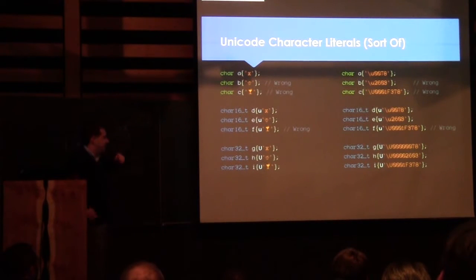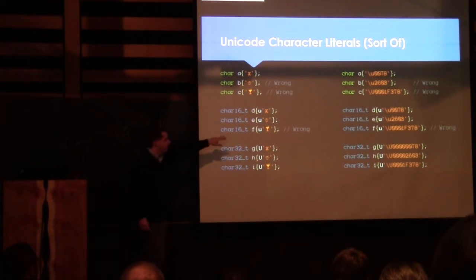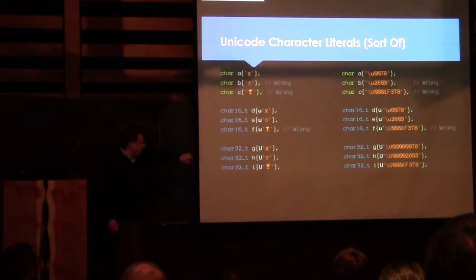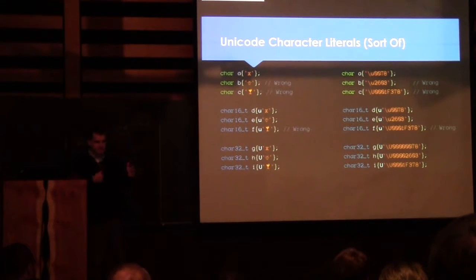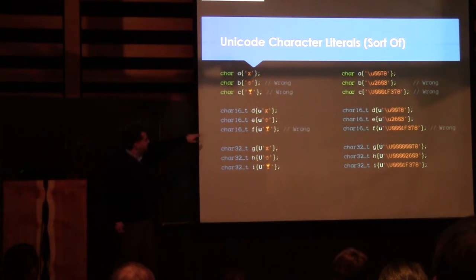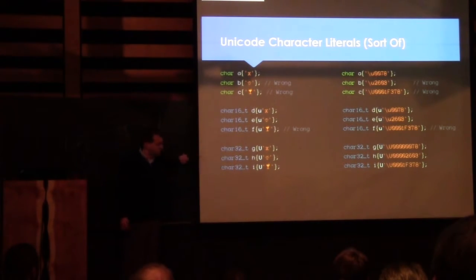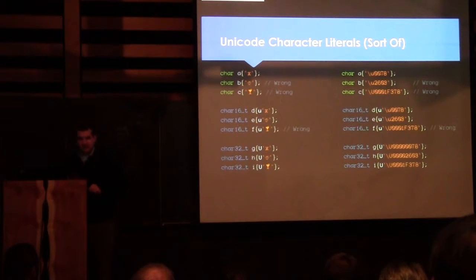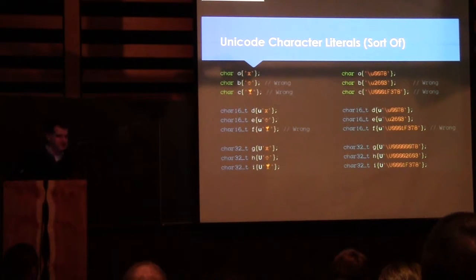Similarly for our cocktail glass, which requires 32 bits. The same is true for char16_t: if you want to represent something that's not representable in 16 bits, that won't work. So it's only char32_t that can represent any full character. Specifically here for char16_t, I say it's wrong. I actually believe it's ill-formed from reading the standard, but g++ was happy to compile it as is, so I'm not entirely sure. Visual C++ does not yet support the Unicode character literals.